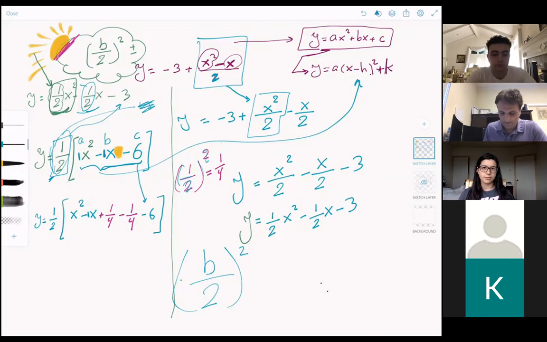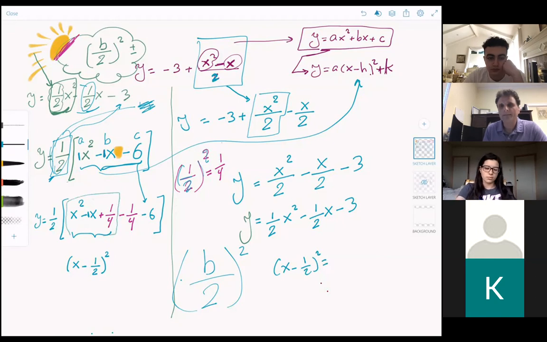So now the first 3, following the technique, will be a perfect square. It will be x minus 1/2 squared. That means if you FOIL x minus 1/2 squared, x minus 1/2 times x minus 1/2, if you multiply and simplify, you get x squared minus x plus 1/4.